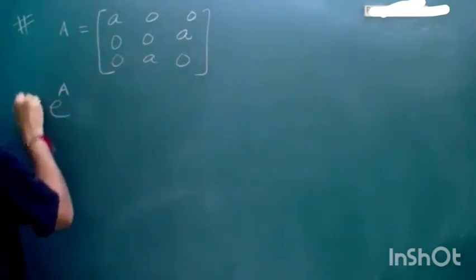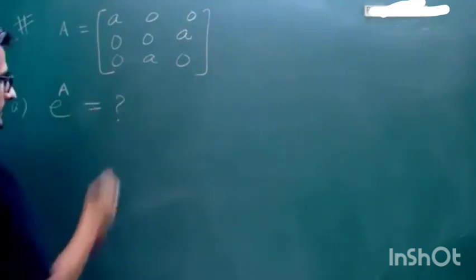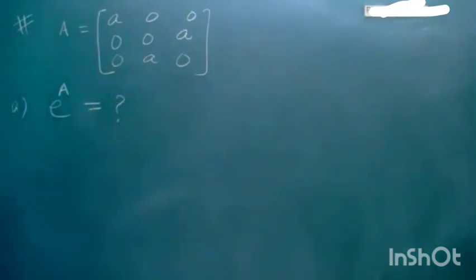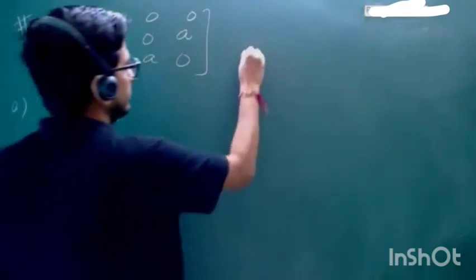So question A is, what is this matrix? And can you tell how to write this matrix? What is A transpose of this?